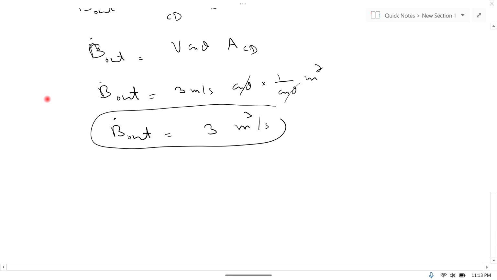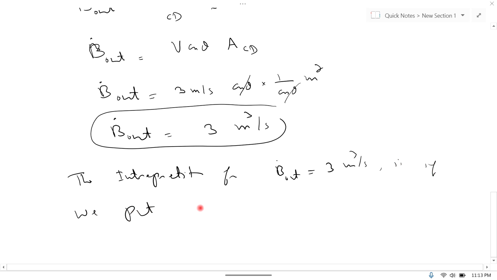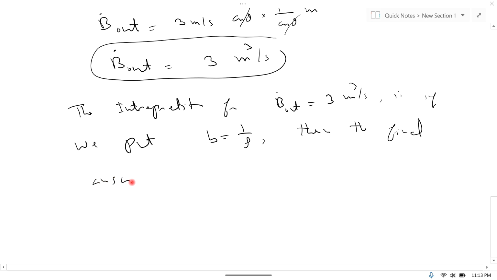Now what is the interpretation of this result? The interpretation of b dot out equal to 3 meter cube per second is that if we put b equal to 1 over rho, then the final answer will be the volume flow rate.